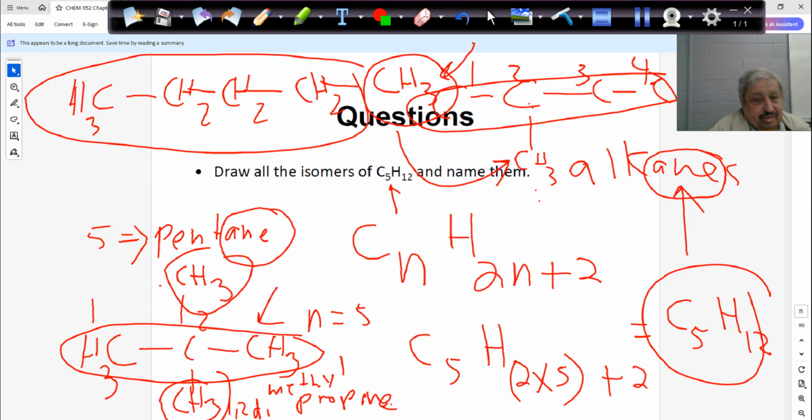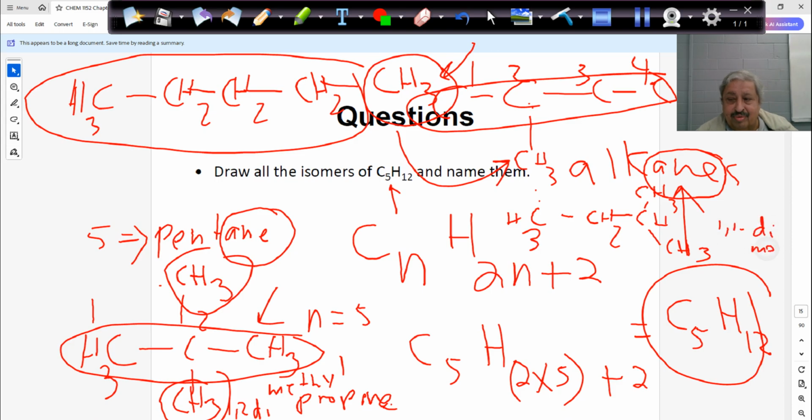So Chem 101 will help you a lot with this. So I can do another possibility. I can make here 1, 2, 3. Now instead of 1 here, I can hook those here. This is H, this is H2, this is H3. Now this is 1, 1 dimethyl pentane.